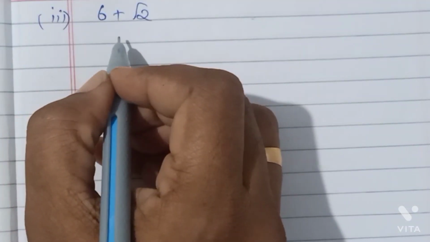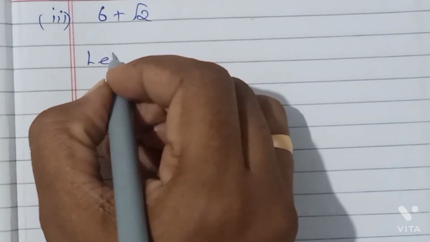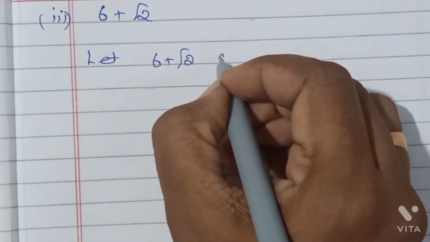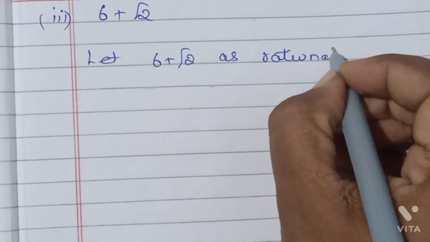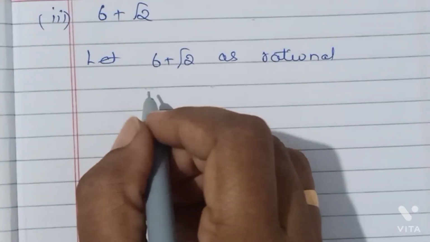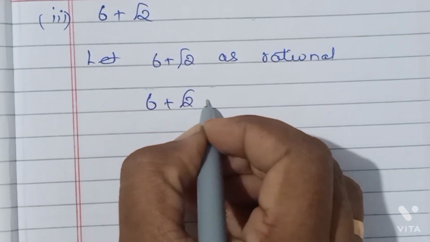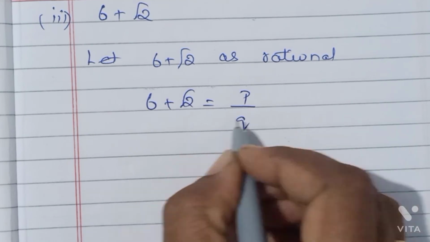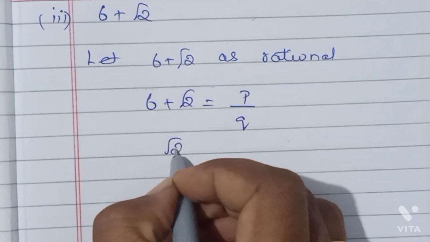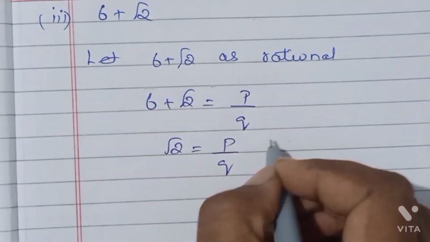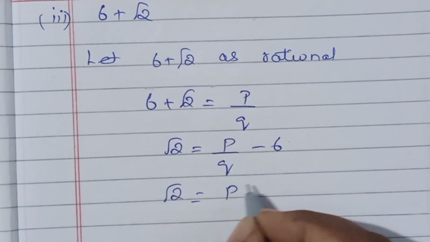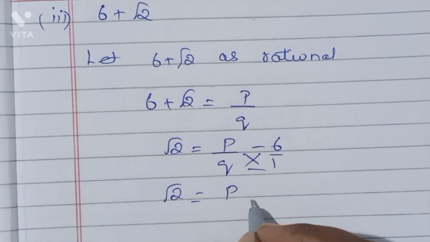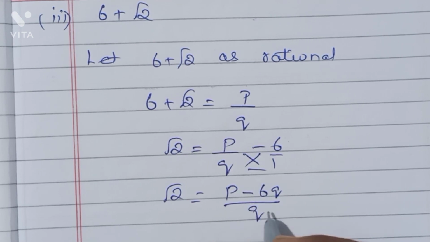Third subdivision, 6 plus root 2. Let us assume that 6 plus root 2 is rational. So we can write 6 plus root 2 is equal to p by q. So root 2 is equal to p by q, and when plus 6 goes to the other side, it becomes minus 6. So root 2 is p minus 6q divided by q.